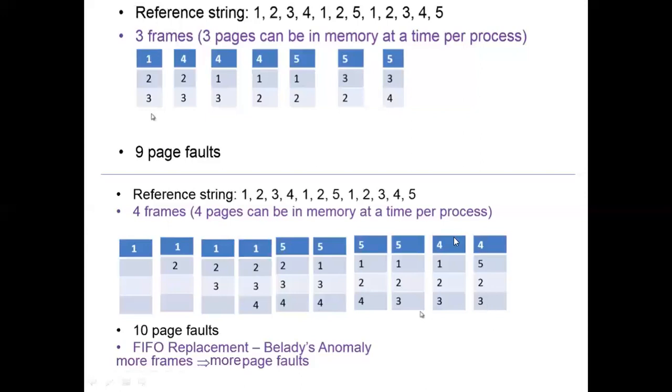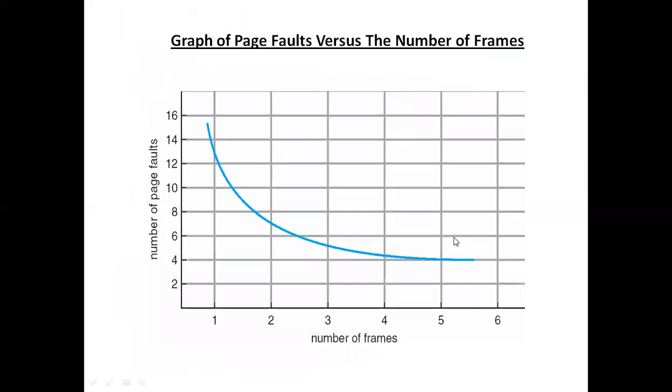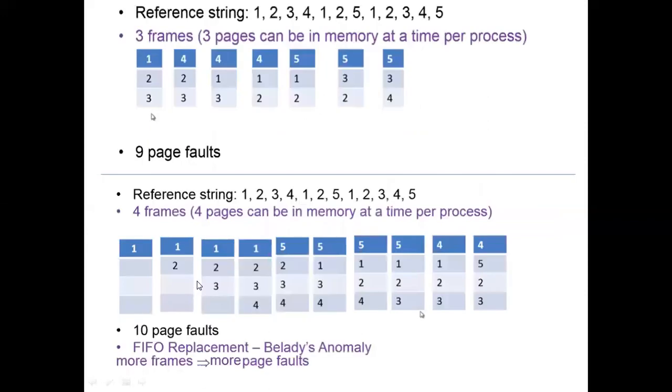But according to the graph we just discussed, if the number of frames is more, the page faults should decrease. But here, though the number of frames is more, the page faults have not reduced, they have become more. So this situation, where more frames lead to more page faults, we call Belady's anomaly.